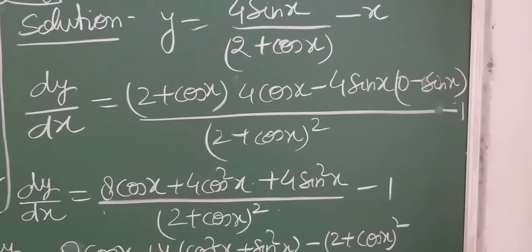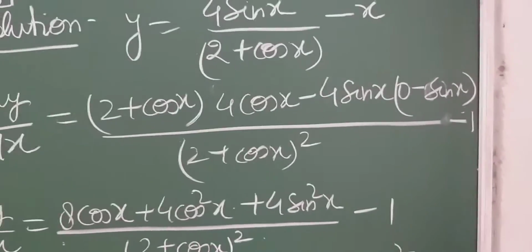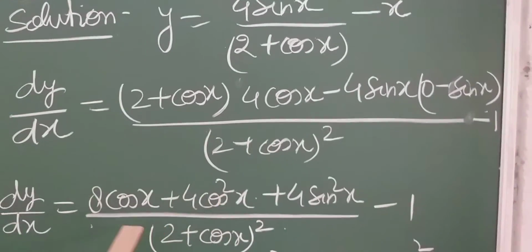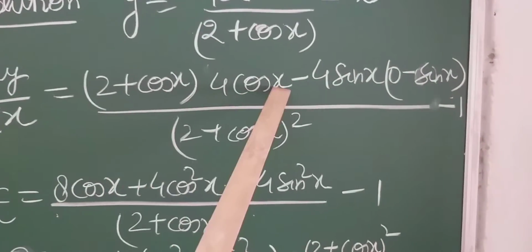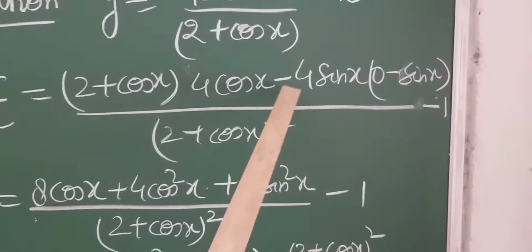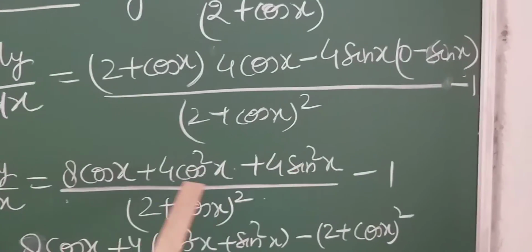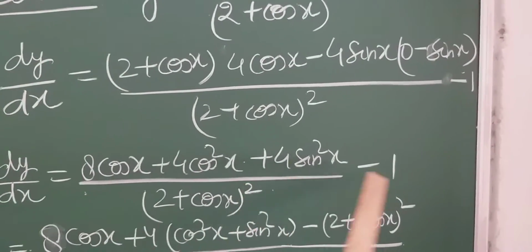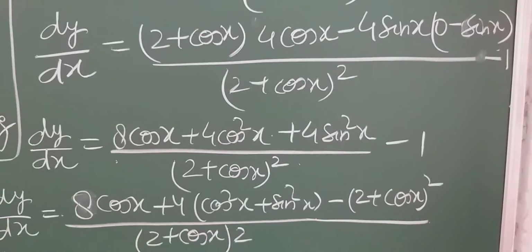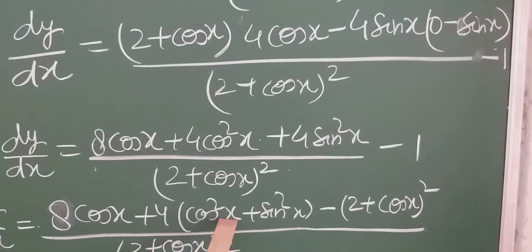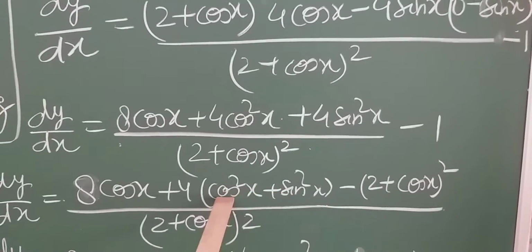Okay students, now dy by dx equals to, let us simplify, open the bracket students, 8 cos x plus 4 cos square x plus 4 sin square x upon 2 plus cos x whole square minus 1. Now students, in 8 cos x, we can take 4 common from cos square x plus sin square x, which is 1.